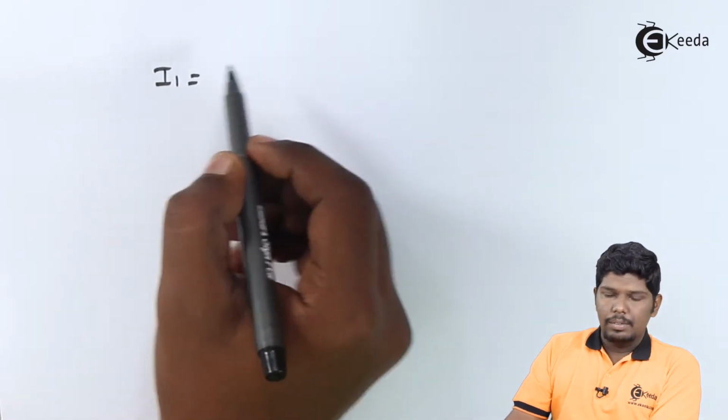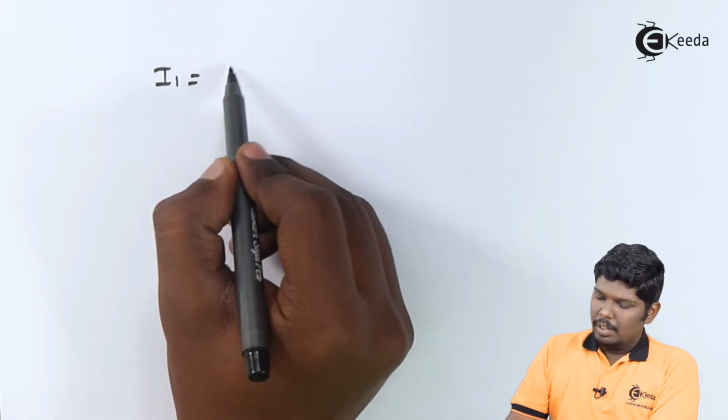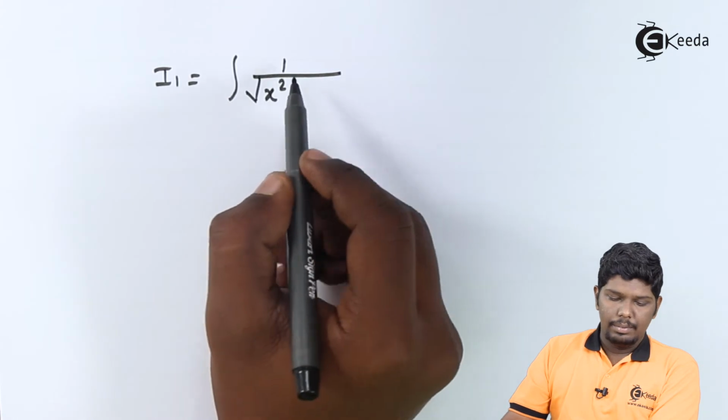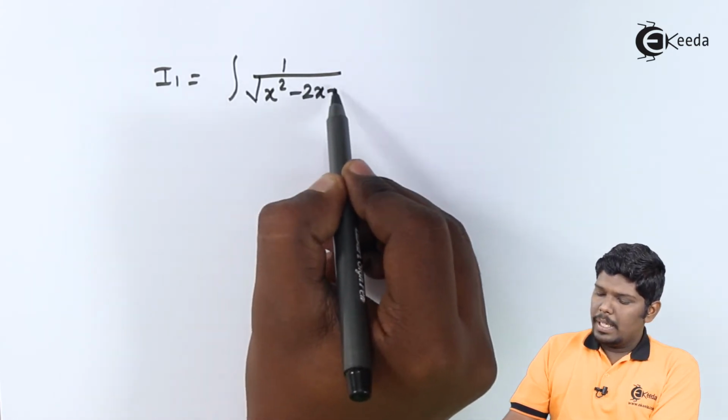I1 is given as integral 1 upon under root x square minus 2x plus 3 dx.